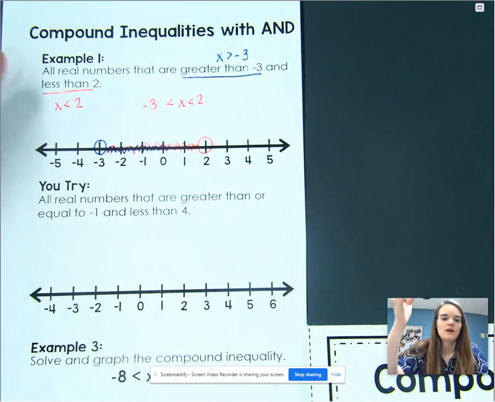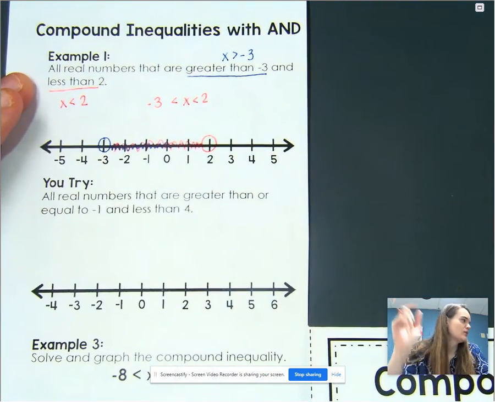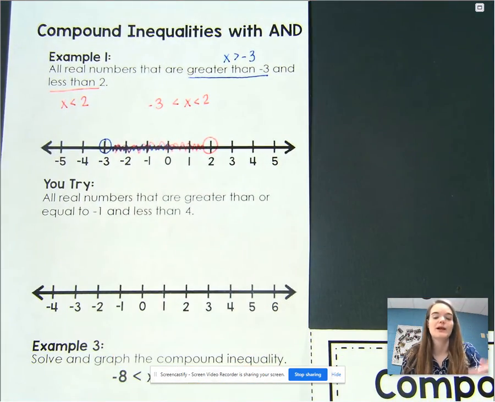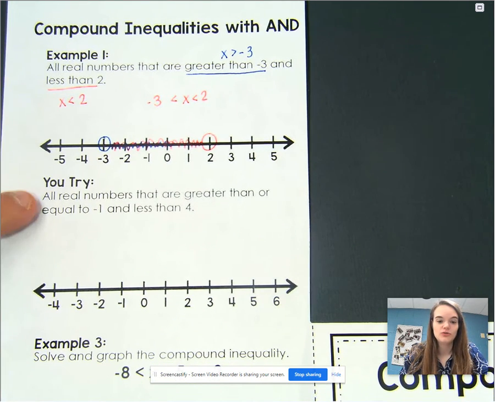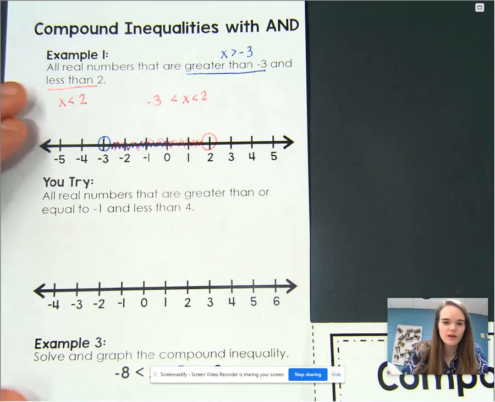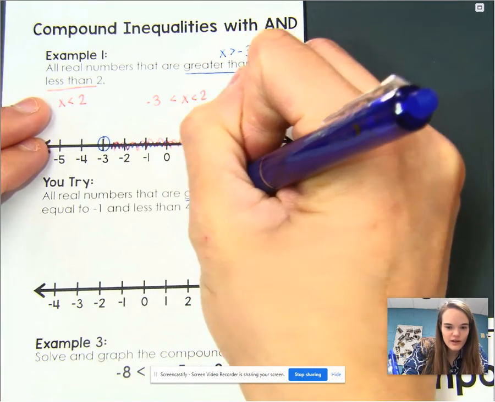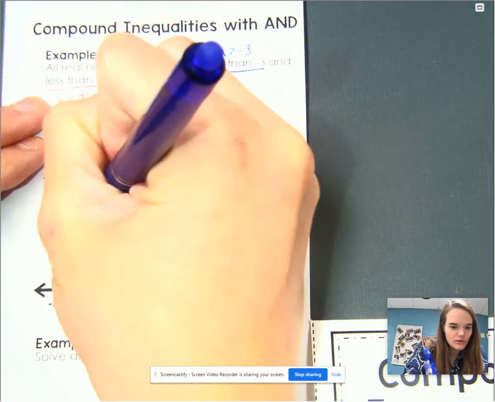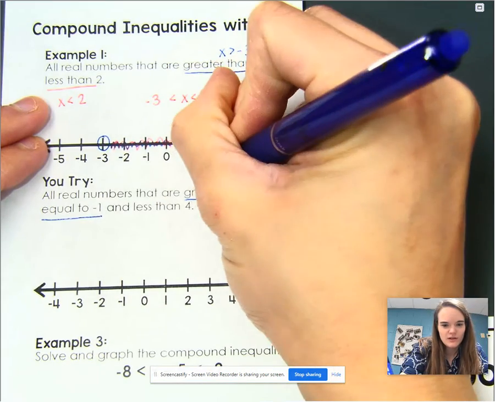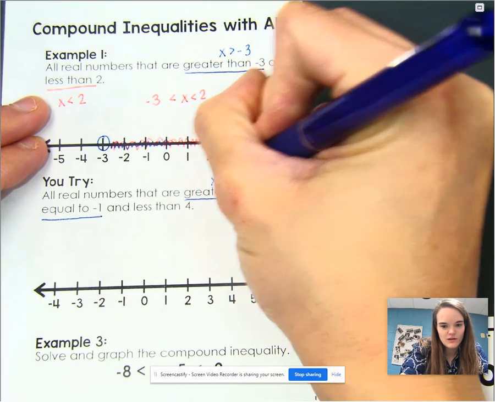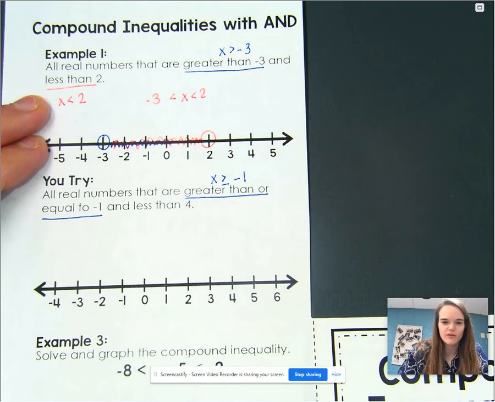Okay? All right, you have one that says you try, so I want you to try this one. That means pause the video, but I'm going to keep going. So pause the video, do the you try example. Okay? Greater than or equal to -1.